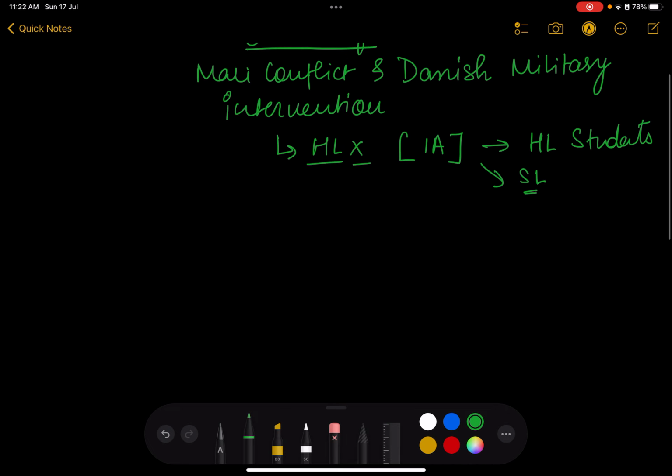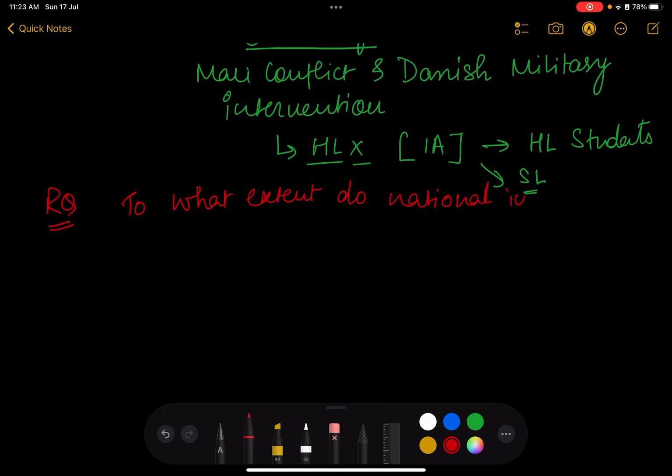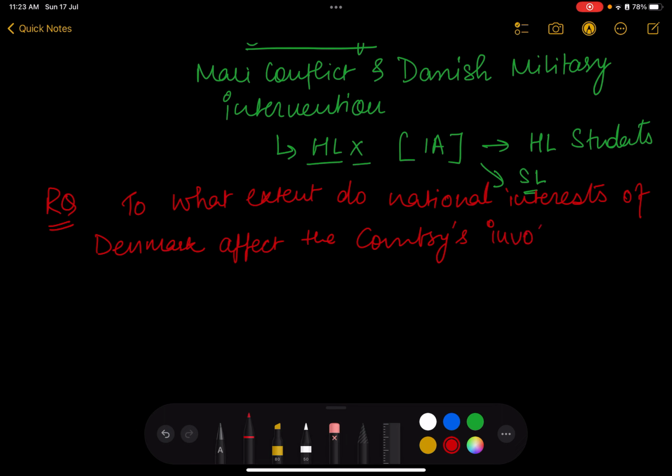Now, if I talk in terms of the research question, or you may call it the political issue, then it is: to what extent do national interests of Denmark affect the country's involvement in Mali.